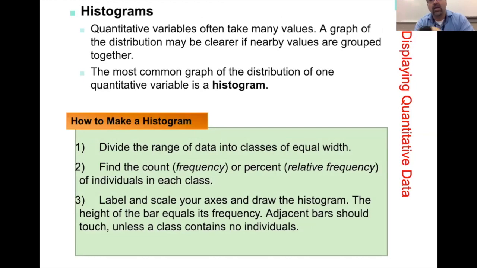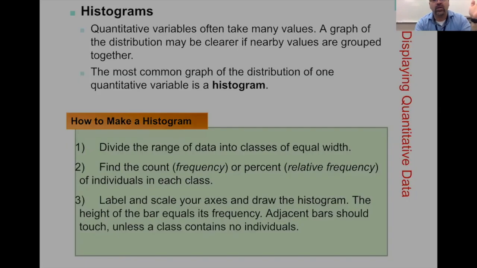Then we label our vertical axis as frequency. Our horizontal axis is whatever the measurements are in. The bars should all be equal width. And in a histogram, your bars are always going to touch. The only reason you would have a gap between two bars is if one of the classes had 0 data points in it.